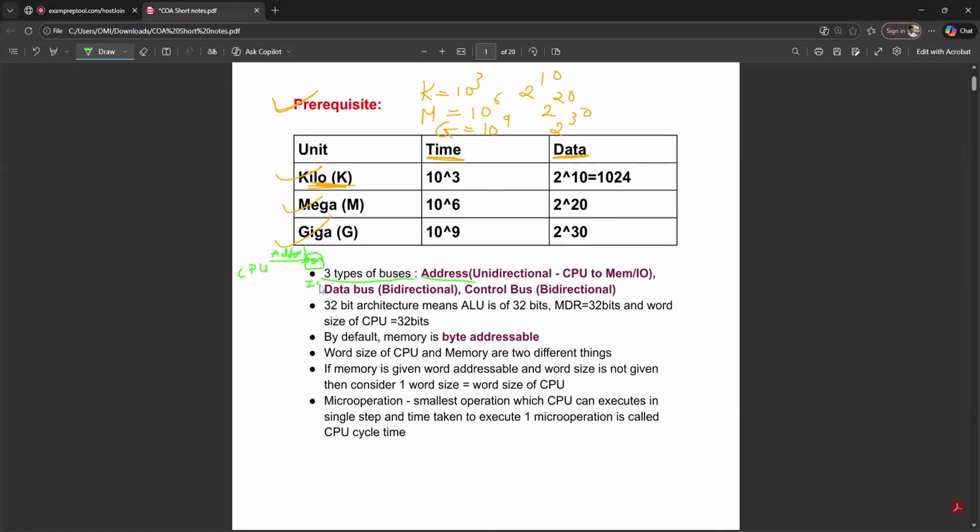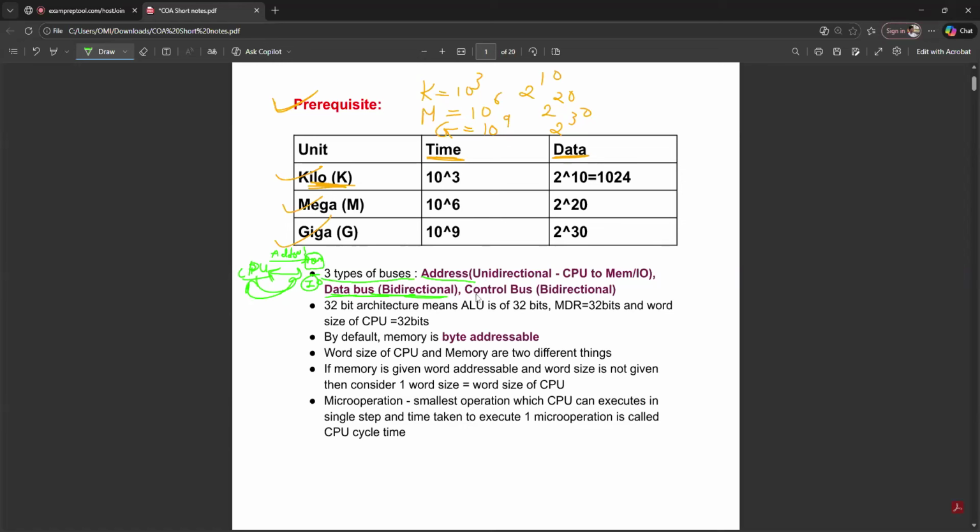Then another is the data bus, which is bidirectional. Bidirectional means that data is forwarded from CPU to memory and from memory to CPU, so in both directions.